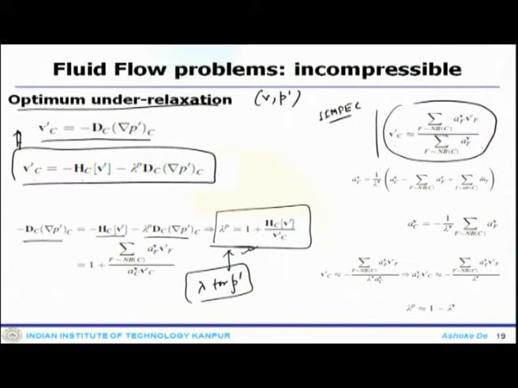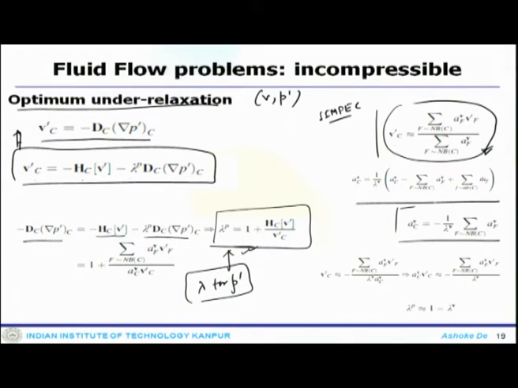If you go back to your expression for the SIMPLEC or SIMPLE algorithm, you will find this expression, and then the coefficients can be written in this fashion, invoking the under relaxation factor. If you simplify that, you will get this, and so the role of under relaxation would be limited to this.